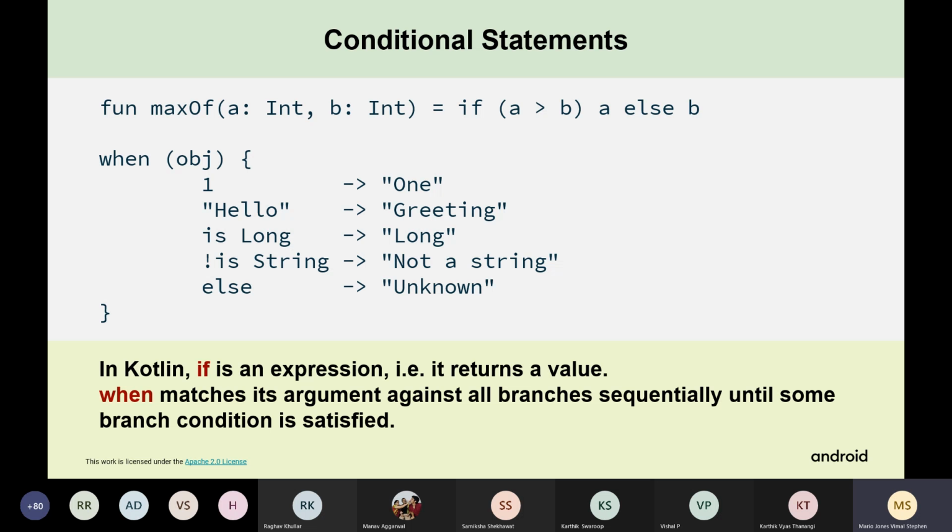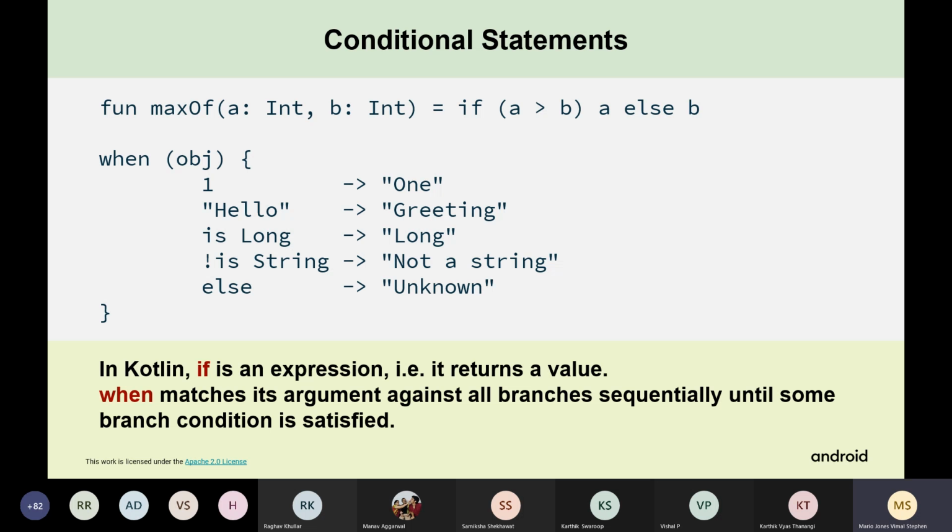What when does is it matches its argument, that is obj, which is the argument given to when, against all branches sequentially. First it goes to 1 and checks if it's the same, no, then it goes to the next one, which is hello, and then is long, until it gets a branch where the condition is satisfied.